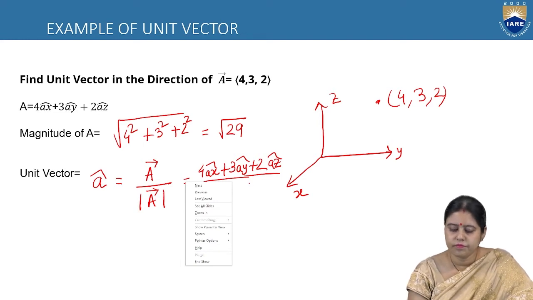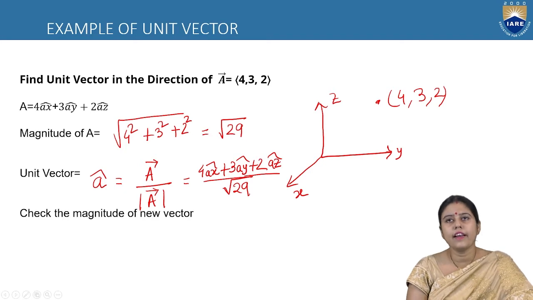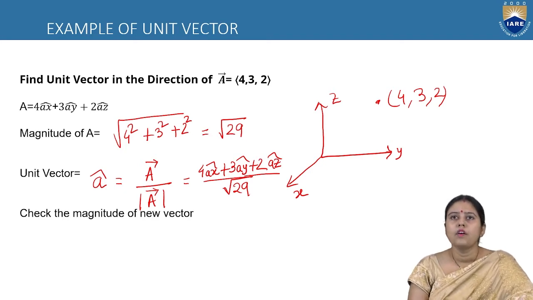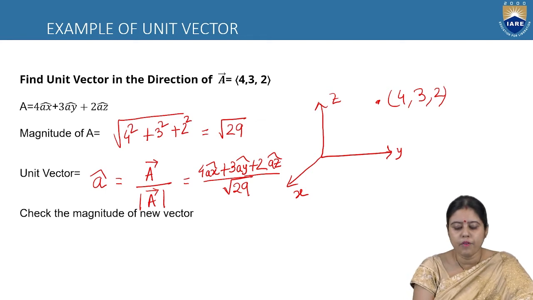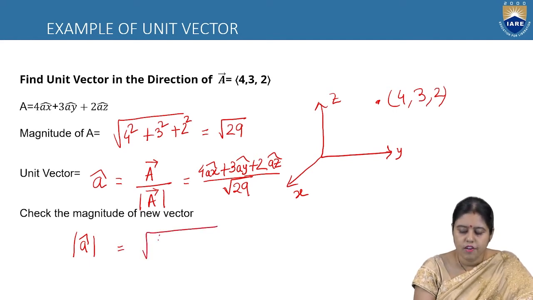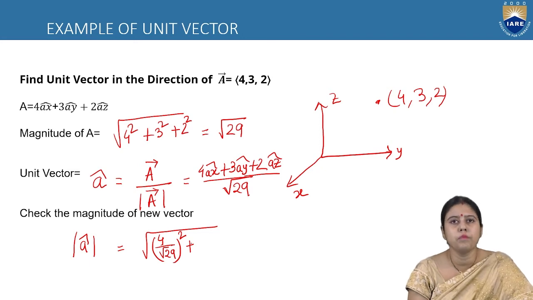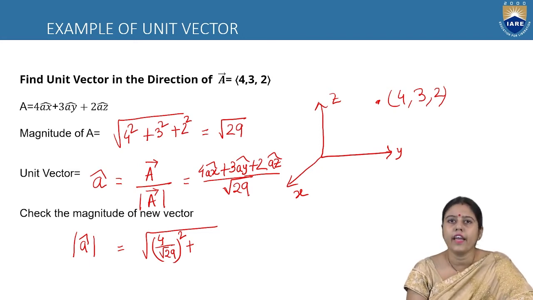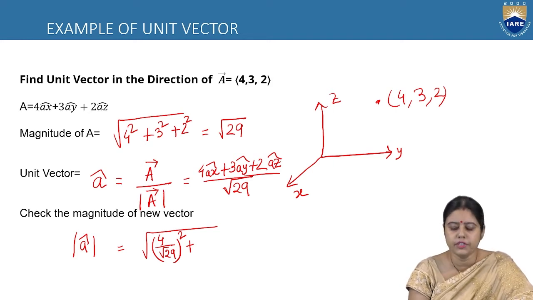Its magnitude is root 29. And again, how can we prove this? We can calculate the magnitude of A, and it is coming 4 by root 29 whole square. What is the magnitude? Magnitude means coefficient of x square plus coefficient of y square plus coefficient of z square.